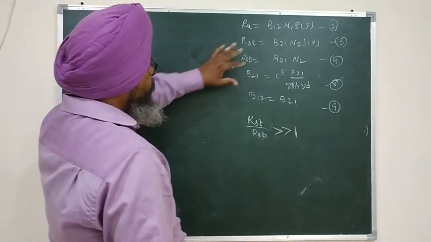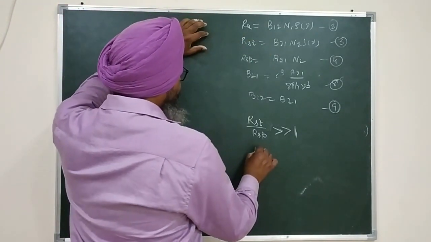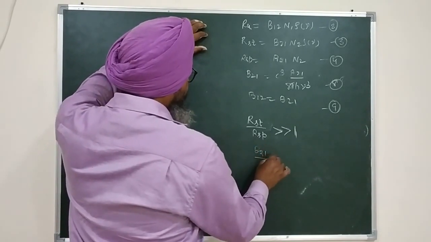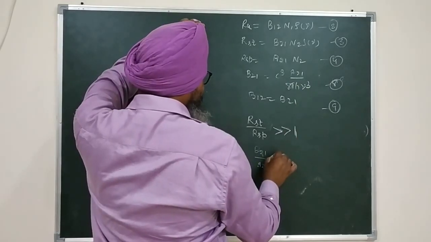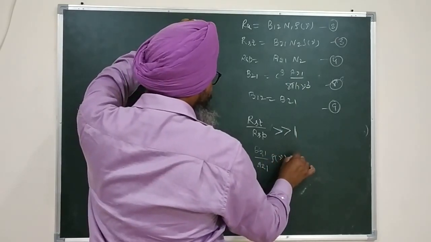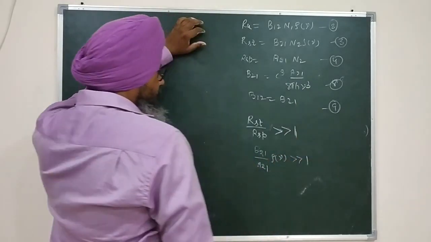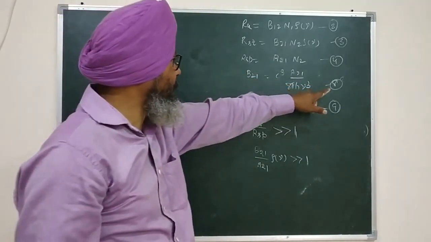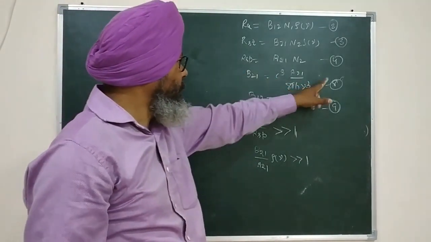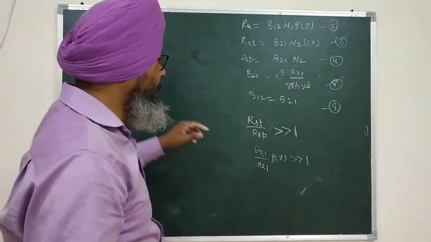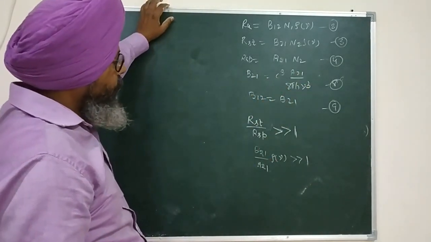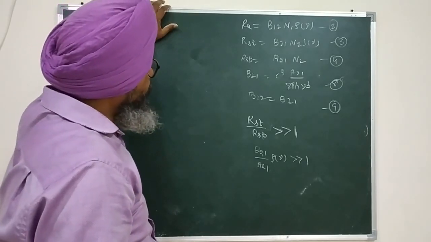If I put these values from 3 and 4, you would get B21 upon A21, N2 and N2 will get cancelled, rho nu should be much greater than 1. Now, from equation number 8, B21 upon A21 is nothing but c cubed upon 8 pi h nu cubed.